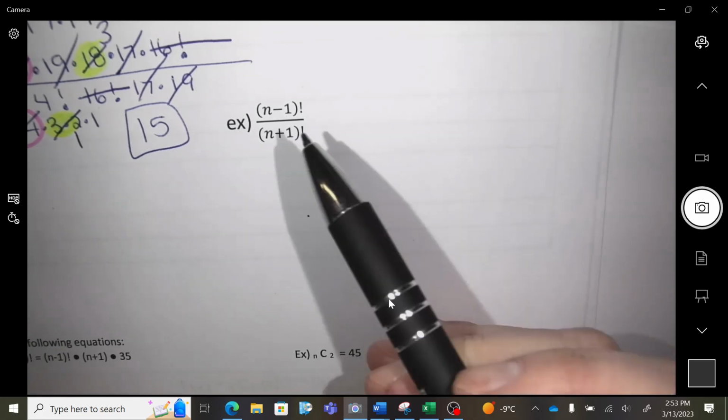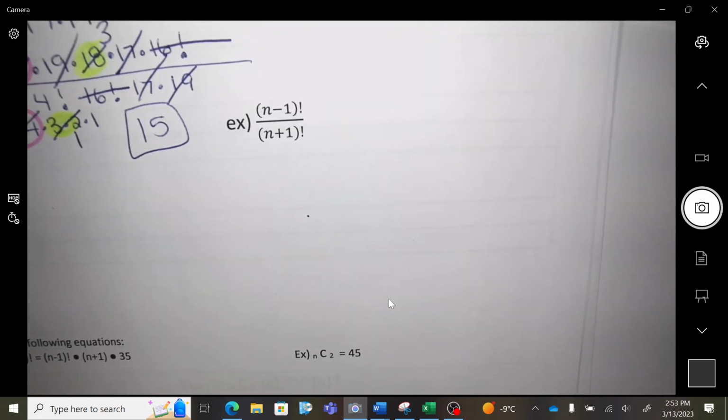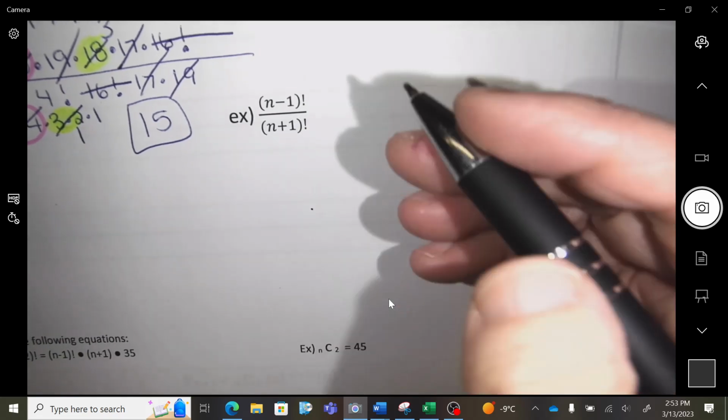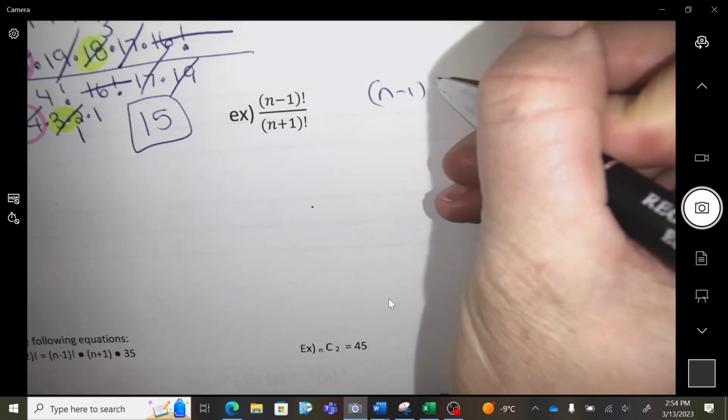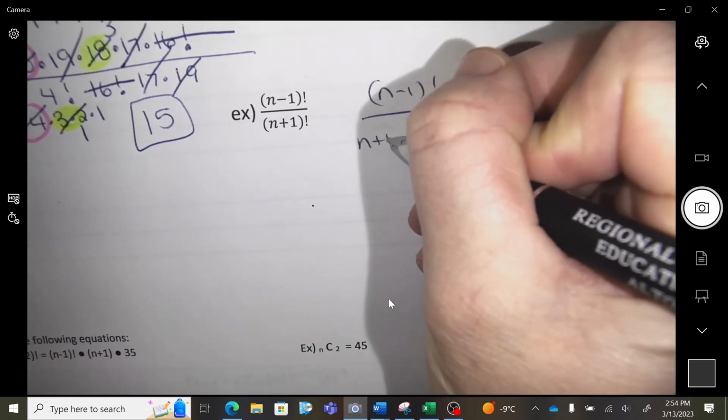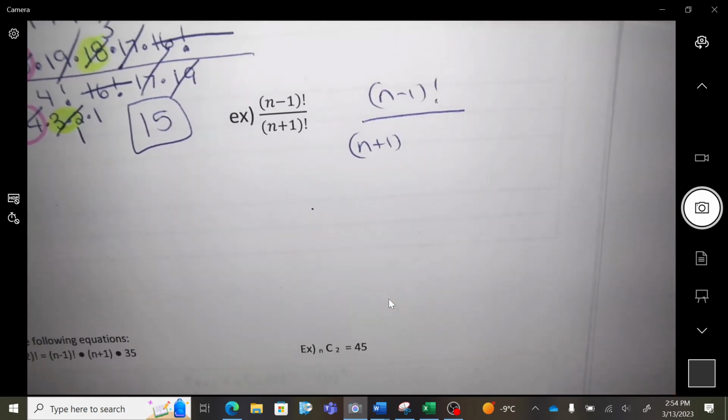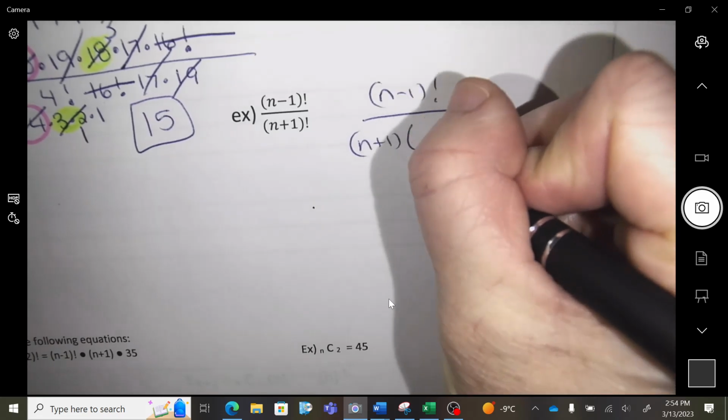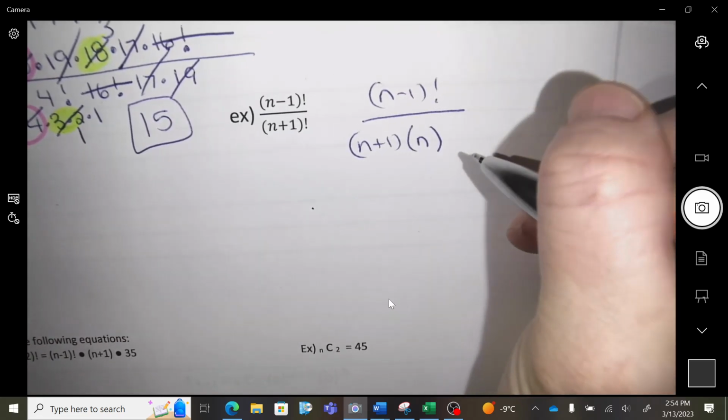Okay, which one of these is larger, n minus 1 or n plus 1? n plus 1 is bigger. So leave the top. n plus 1 is where we're going to start, and we're going to go down. So what's going down from n plus 1? n, I just did.